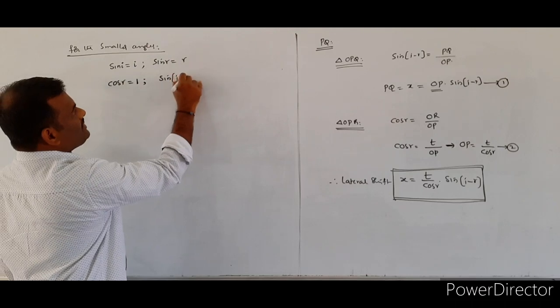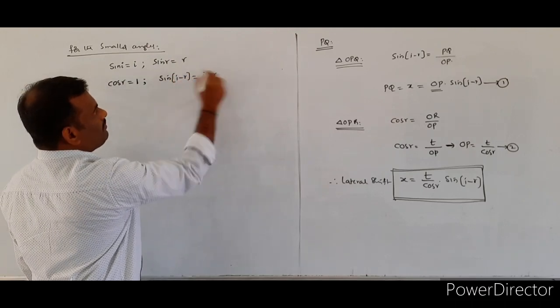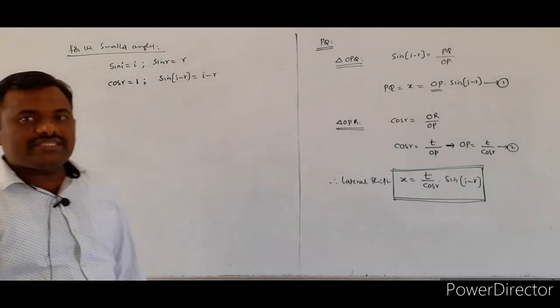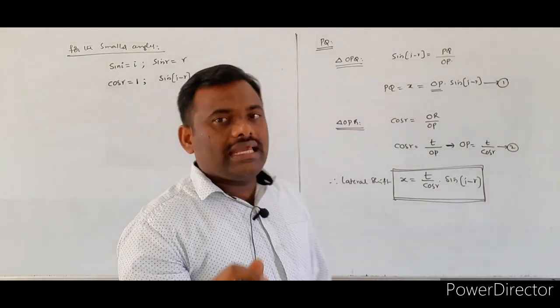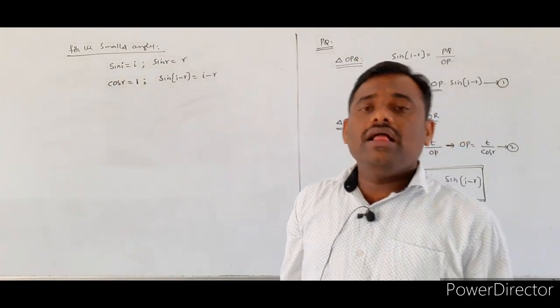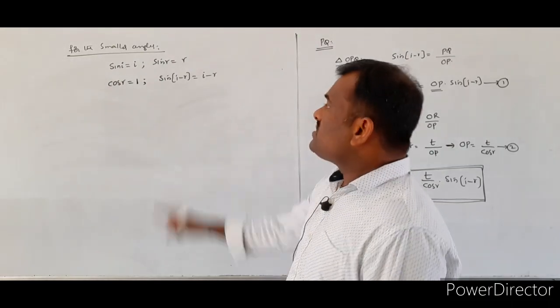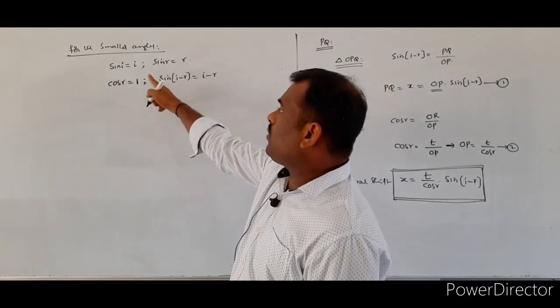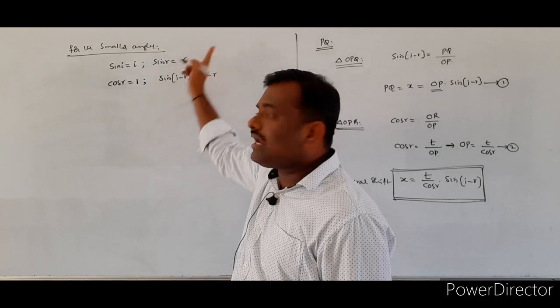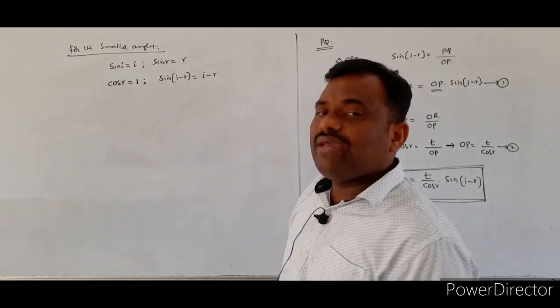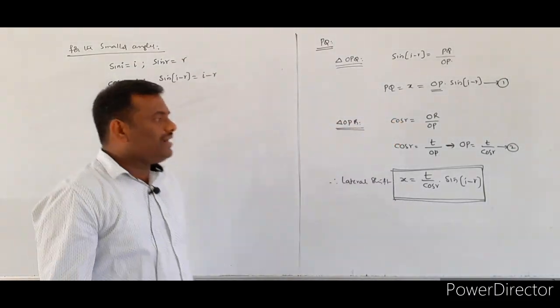Again, here one more term: sin of (i minus r) is equal to i minus r. So these are the assumptions I consider, whenever the angle of incidence and angle of refraction are small angles: sin i is equal to i, sin r is equal to r, cos r value is 1, and sin of (i minus r) is equal to i minus r.